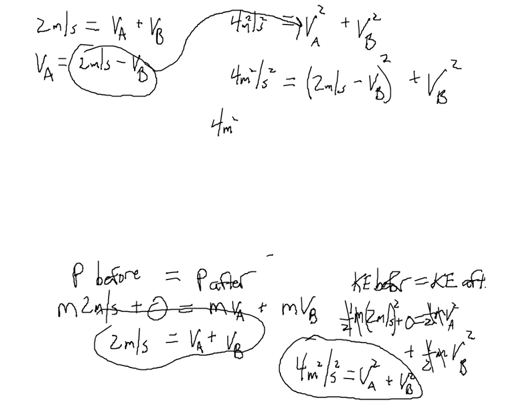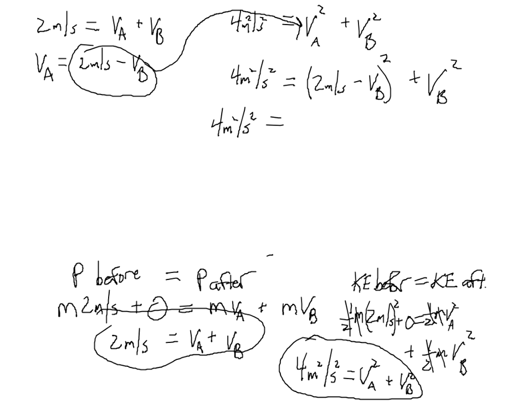4 meters squared per second squared equals, now I need to square this term, 2 minus VB. You can use the FOIL method, but if you don't remember the FOIL method, then you can Google it, FOIL method, for squaring a polynomial. But it's first, outside, inside, last is what that stands for.